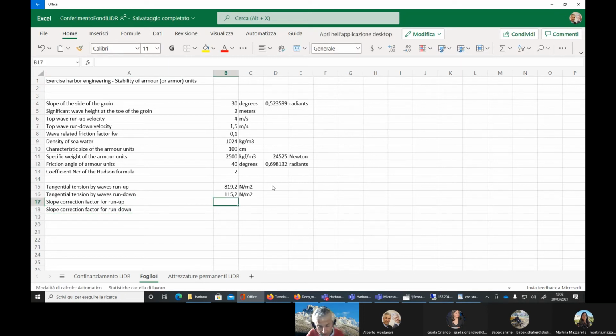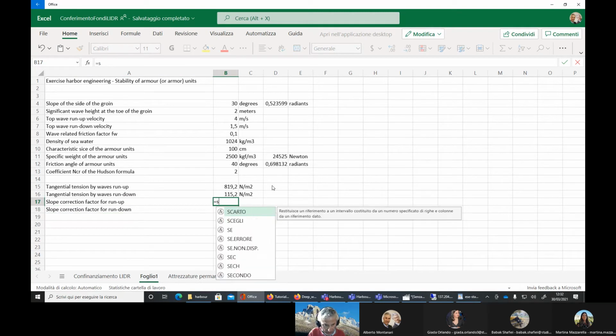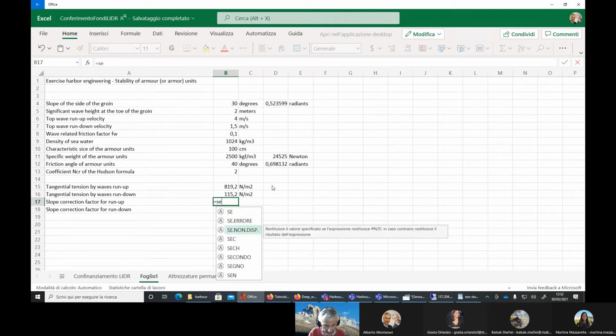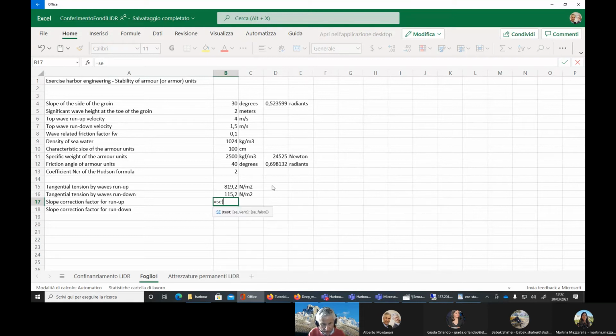It is given by the sin, I don't remember, let me see, sin of the sum of the friction angle plus the slope.